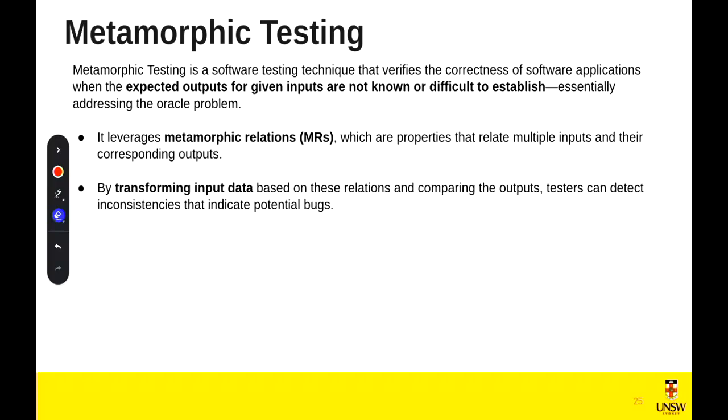So what we do is transform the input data based on the metamorphic relations we have observed from the system, compare the outputs, and try to detect inconsistencies with the relations. These inconsistencies could indicate bugs.